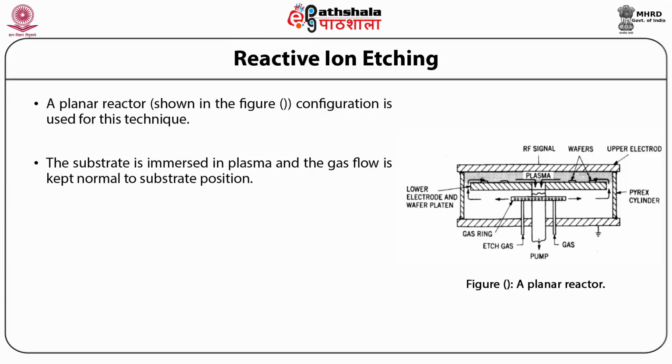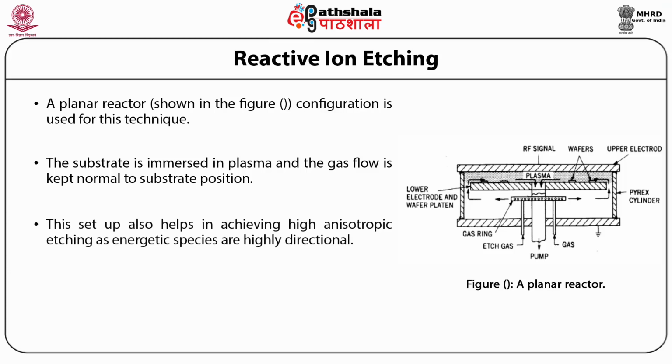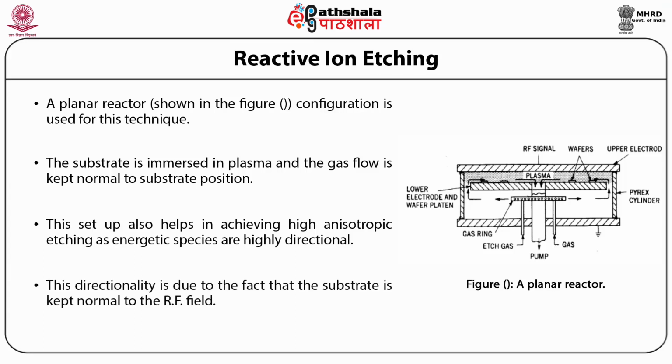This setup allows the energetic species with small lifetime to be used effectively. This setup also helps in achieving highly anisotropic etching as energetic species are highly directional. This directionality is due to the fact that the substrate is kept normal to the RF field.